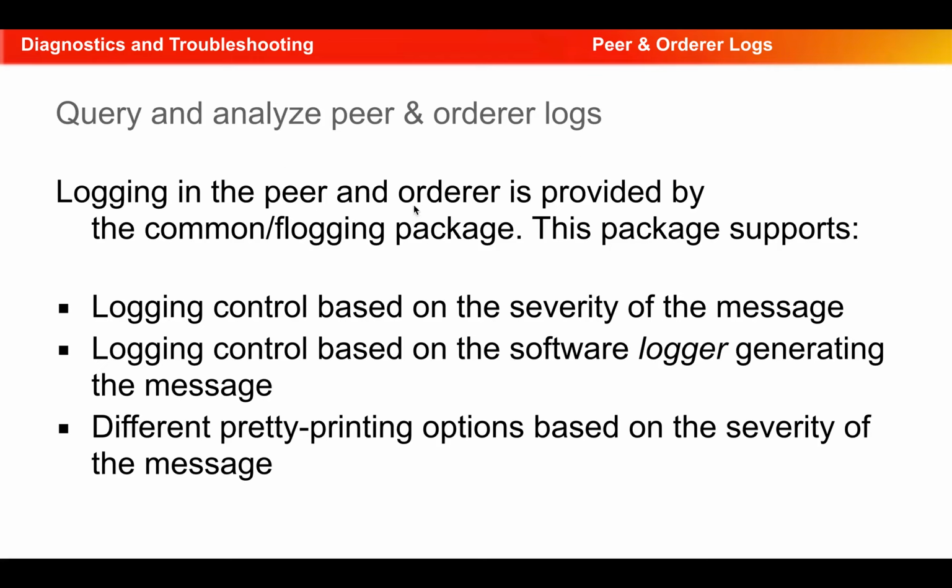Logging in the peer and orderer is provided by the common flogging package. This package supports logging control based on the severity of the message, logging control based on the software logger generating the message, and different pretty printing options based on the severity of the message.